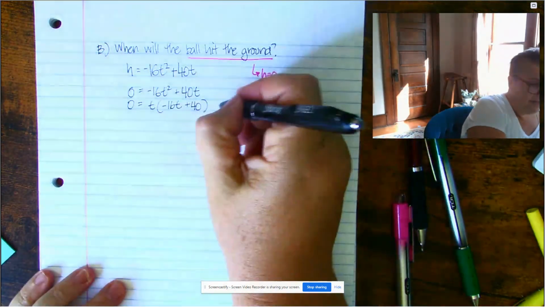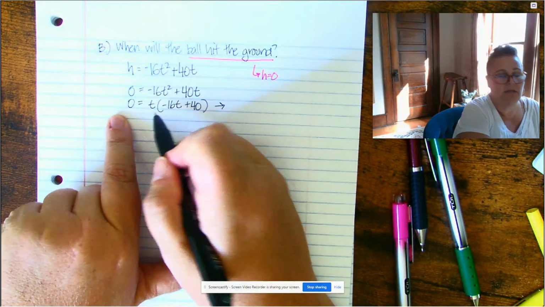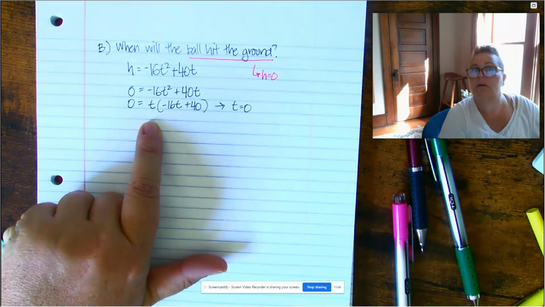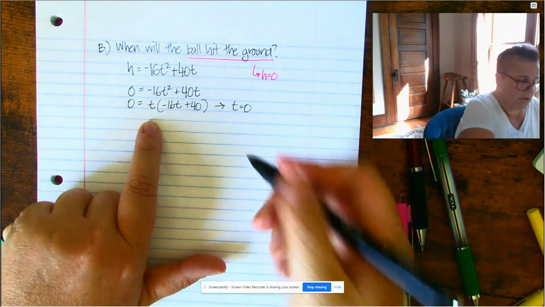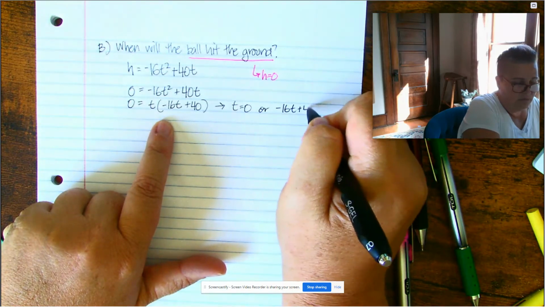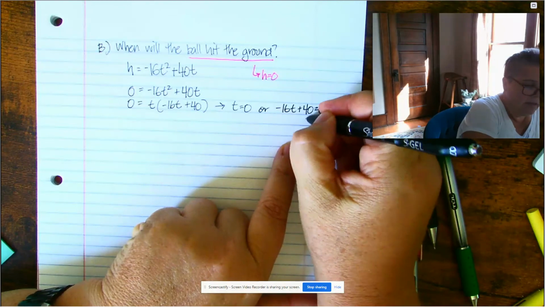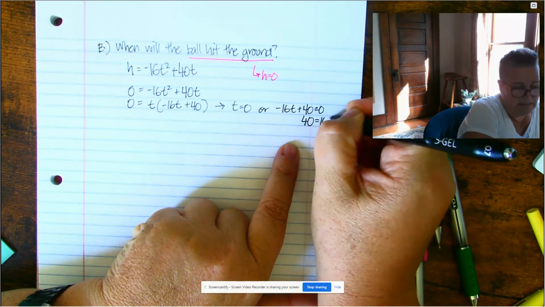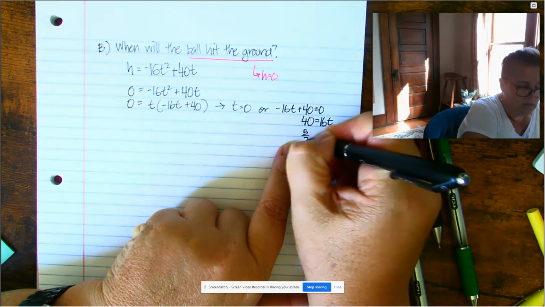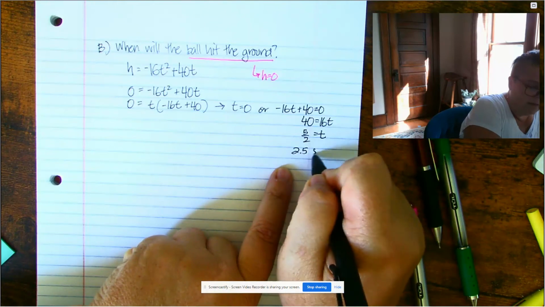Then I can use the zero product property, which says if I'm multiplying two things together and they equal zero, then either the first thing is zero, or the negative 16t plus 40 is zero. In that case, 40 is 16t, and 40 over 16, or 5 over 2, is t. So this is 2.5 seconds.